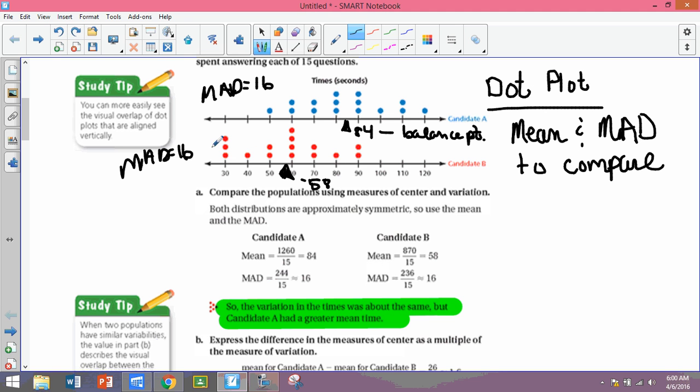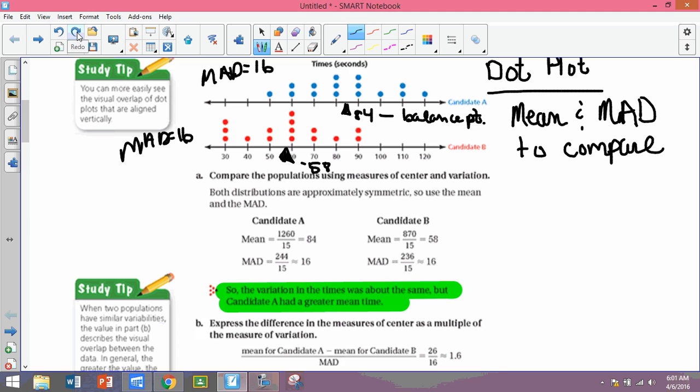The variation is both 16. The MAD is your variation. It's both 16, so they vary about equally. But if you look at candidate A, they have an 84-second mean time, and candidate B has only a 58-second mean time. So on average, candidate B answers the questions quicker than candidate A. Okay, that's what we know from our data.